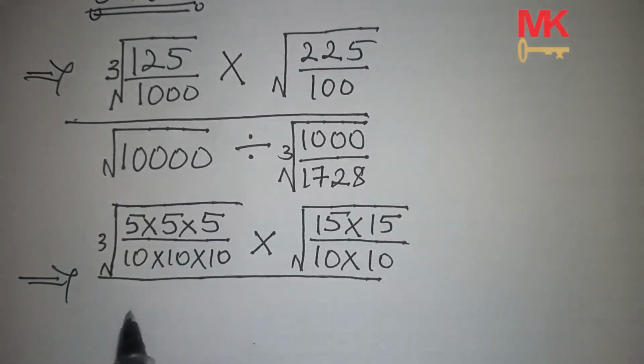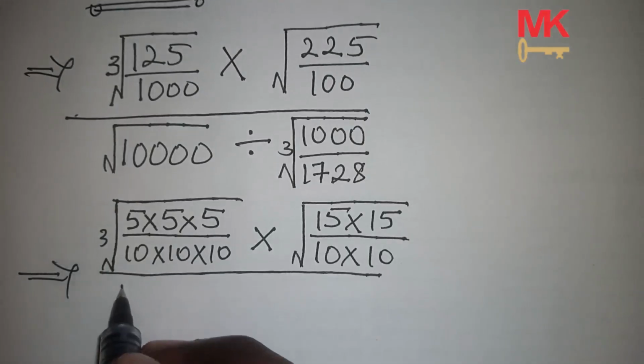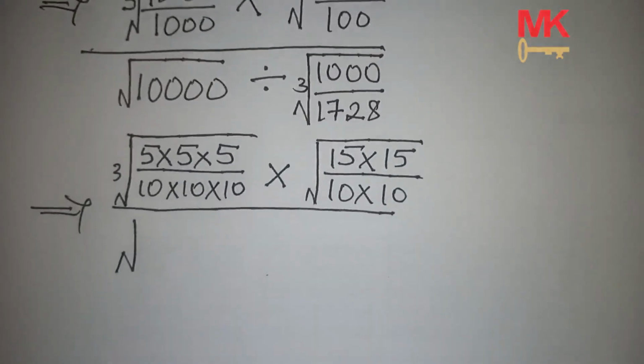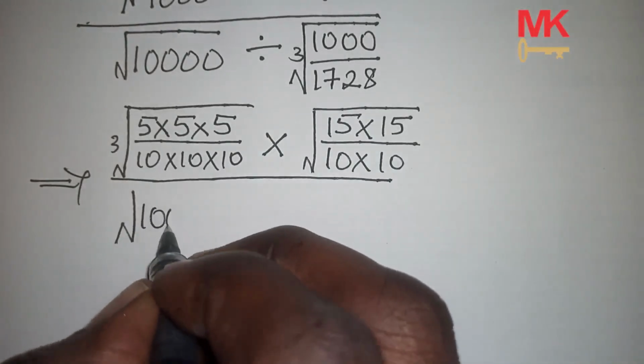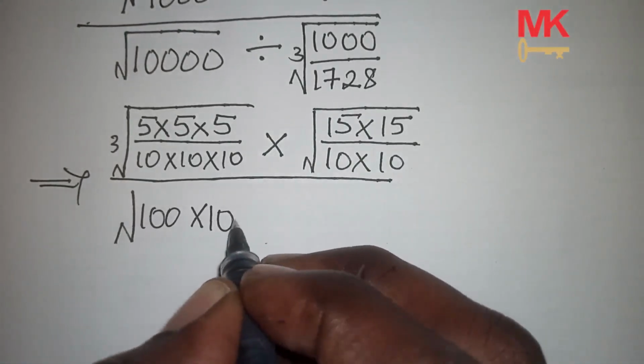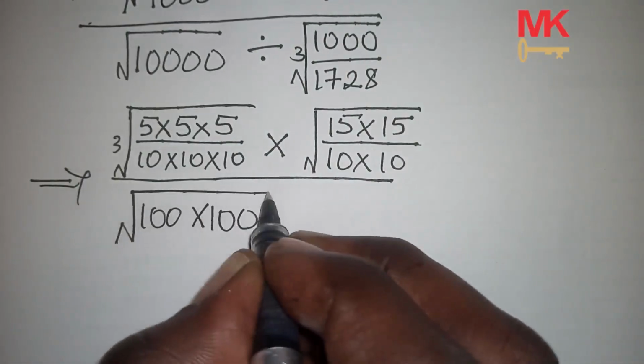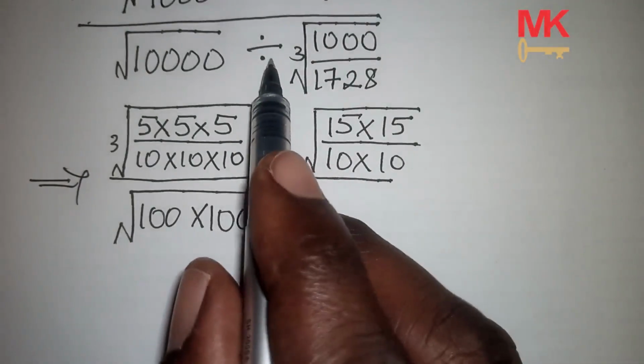Then at the bottom we are still going to write this as 10, that's 100 times 100. Then we have our division operation here.